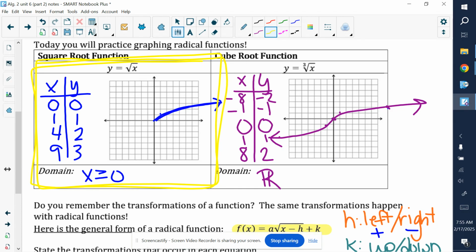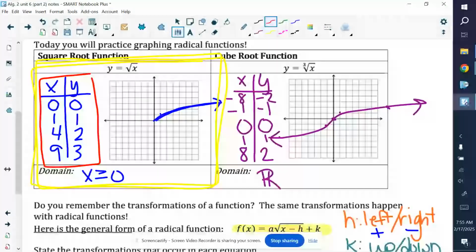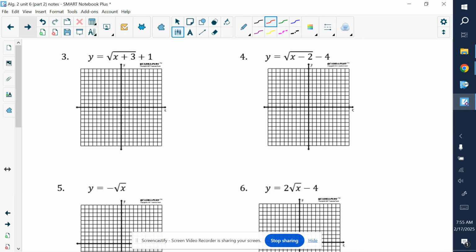We are going to translate it up, down, left, right, reflect, maybe a stretch, but we're always going to be thinking about this table of values. Where is your new 0, 0? And then from there, just like we did with a parabola, we're going to do 1, 1, 4, 2, 9, 3. So let's take a look.